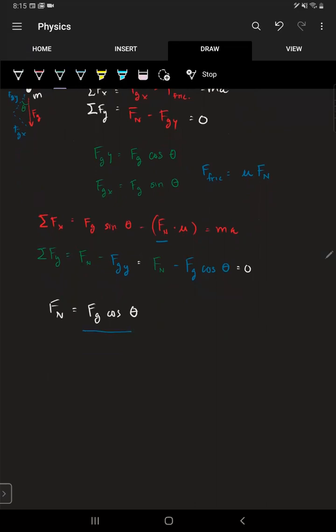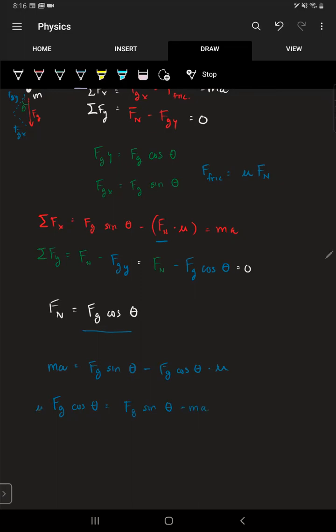So now putting it all together, we have ma equals fg sine theta minus fg cosine theta times mu, right? This is a minus sign. Now we just do some simple math, and we find that fg cosine theta times mu is equal to fg sine theta minus ma.